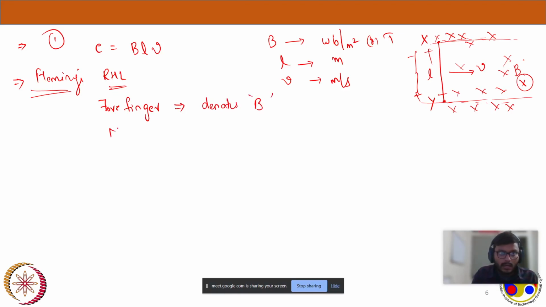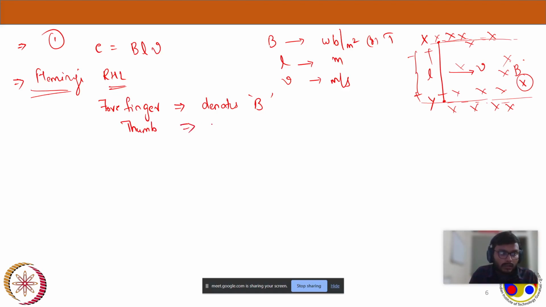Okay, and middle finger. Anyone? What does the middle finger denote? Let's try to add middle finger data because that's what we are looking at. First, thumb.